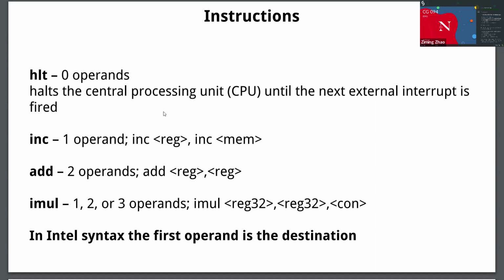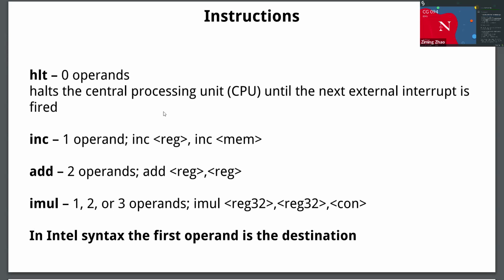Then the add instruction. This add has nothing to do with the save function we developed before. This is an entire instruction. This instruction takes two operands. It will add two register values together. Remember, the first operand is also the destination, so we store the result back in the first register.